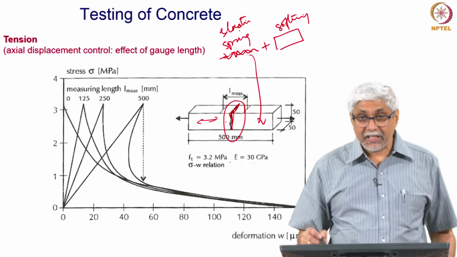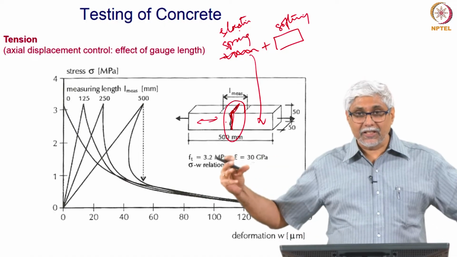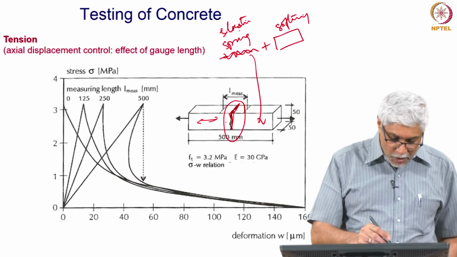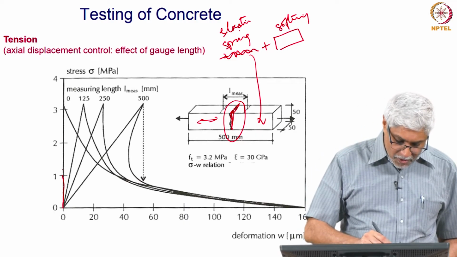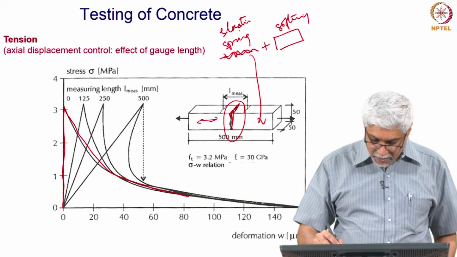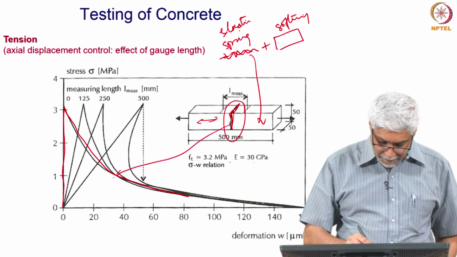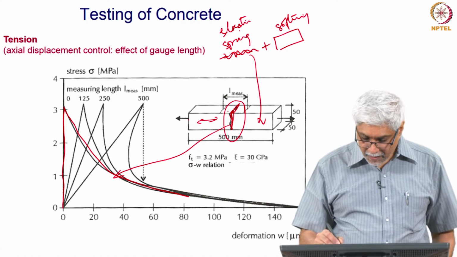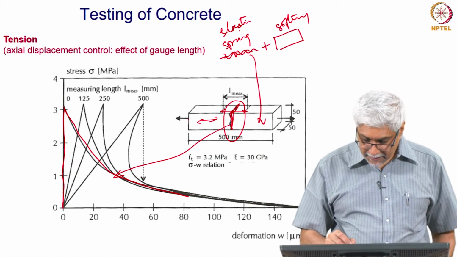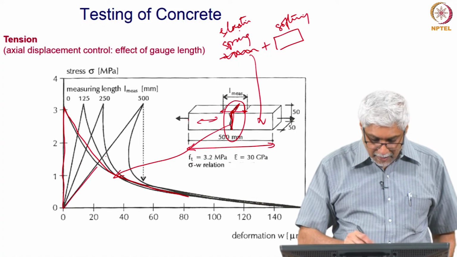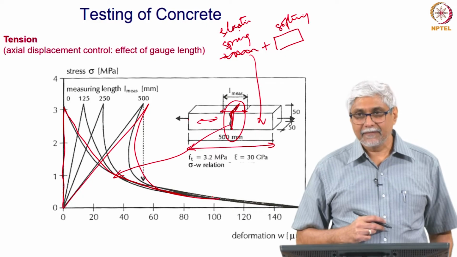So, the larger the specimen, the longer the specimen, the more is the elastic part. So, if this was the response of the crack itself, this is the response of the crack itself. If I am measuring not here, but this whole thing, then I am adding on an elastic part which is this.